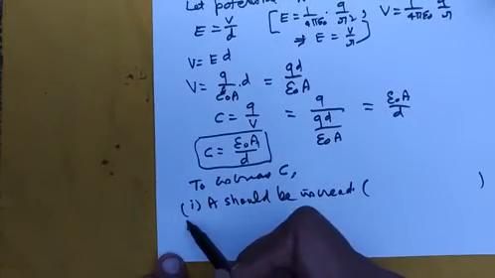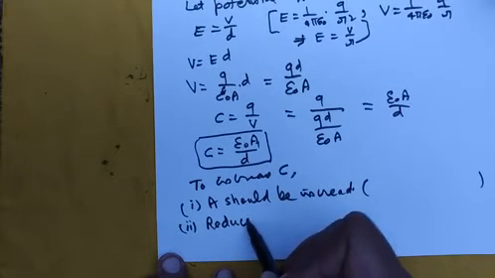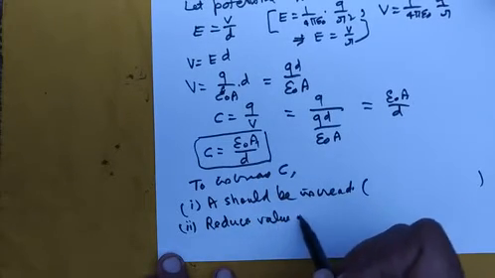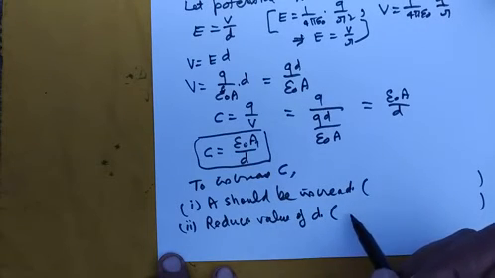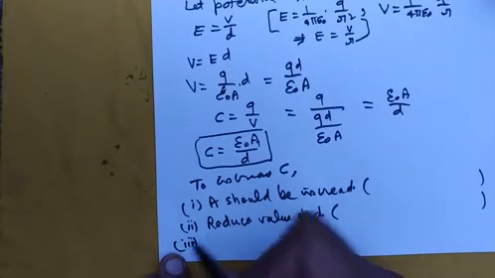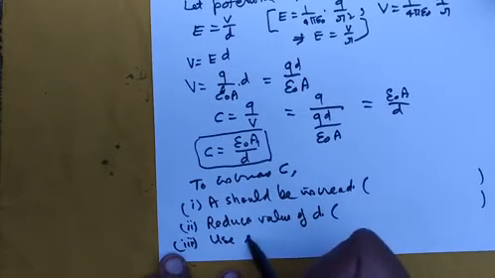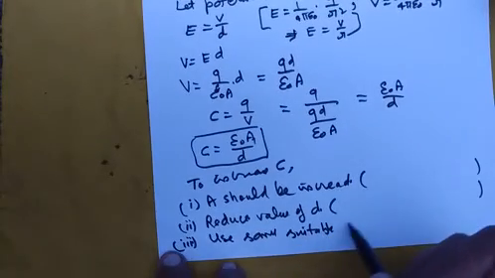And second, reduce the value of D. D means reduce the distance between the two plates. Okay. Third, use some suitable dielectric.